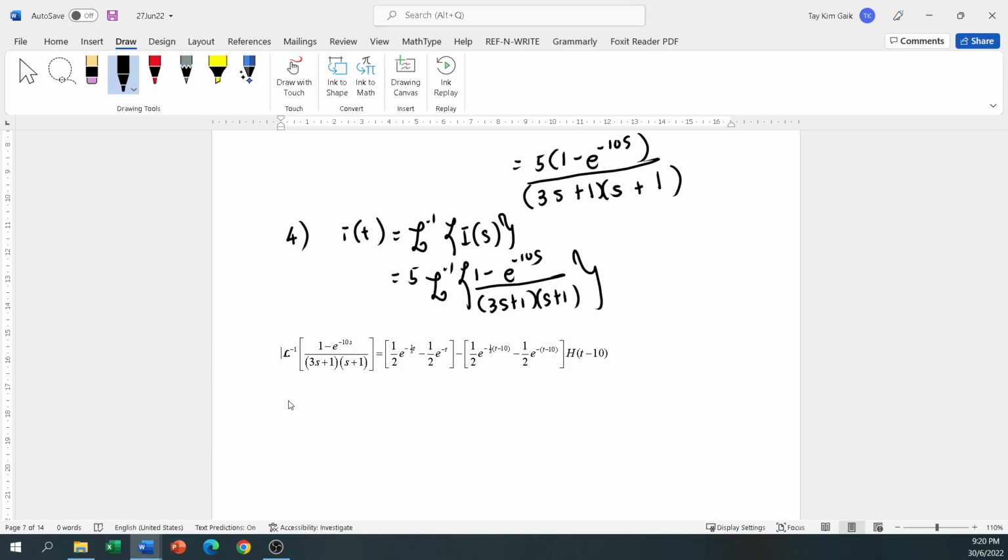Here, 1 minus exponent negative 10s over (3s plus 1)(s plus 1) is this answer. Therefore, for the question 6a answer, you multiply by 5.